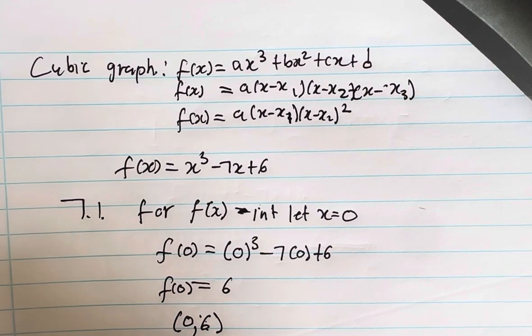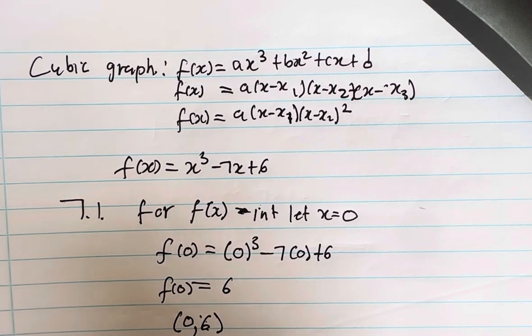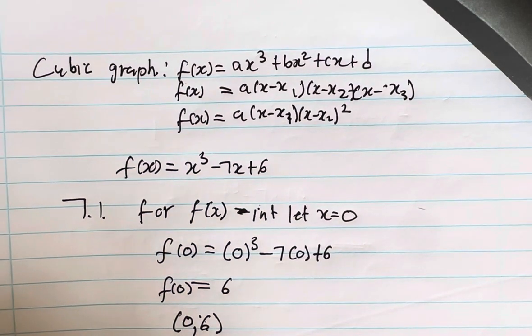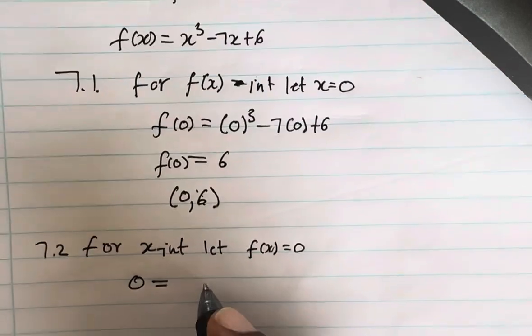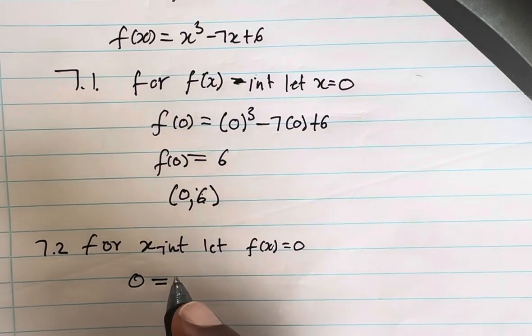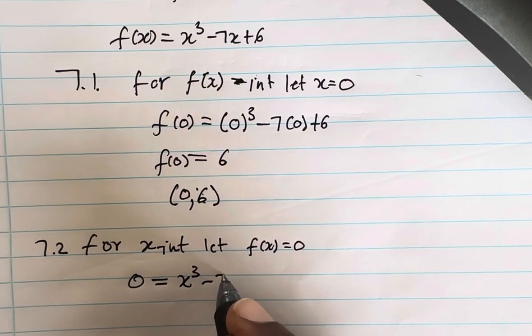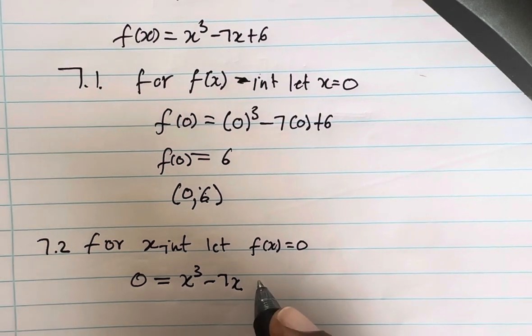for the x-intercepts, let f(x) be 0, which is 0 equal to x cubed minus 7x plus 6.